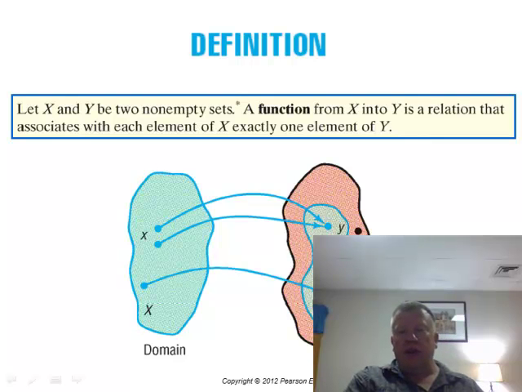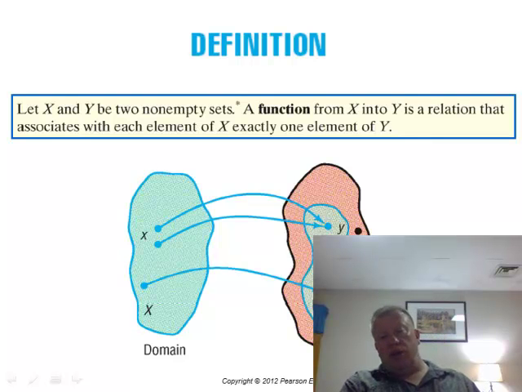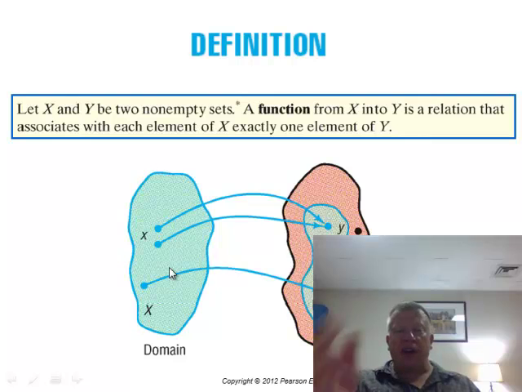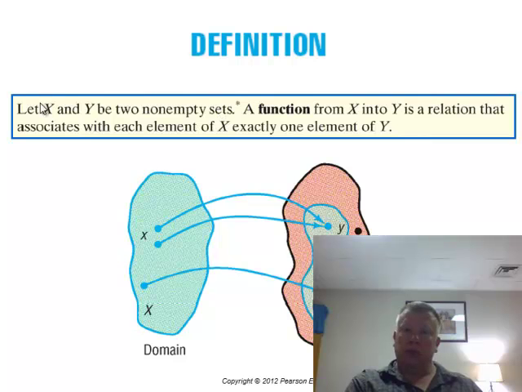Now imagine y here. This big set y here, imagine that's the set of real numbers. The range is going to be the entire set of real numbers except for 0, because 1 over x is never going to be 0. Okay?